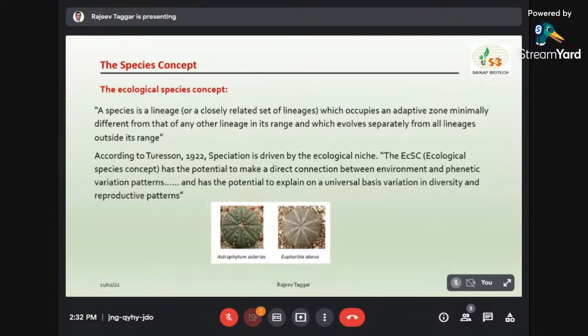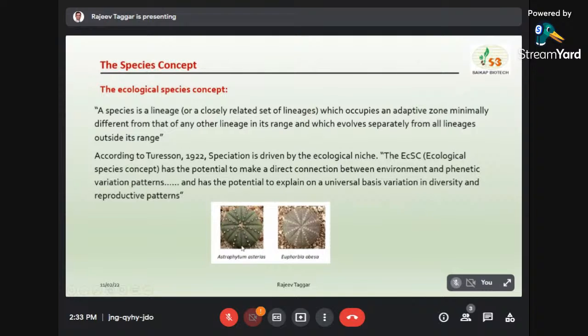So we have looked at 3 or 4 concepts, and mind you, as in one of the earlier slides, there are something like 24 different concepts. But now we talk about the ecological concept. What it says is that the populations or individuals which share the same ecological niche will be called the same species. So this is called the ecological species concept.